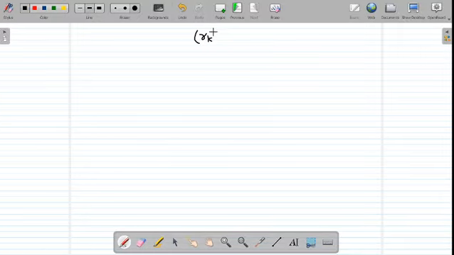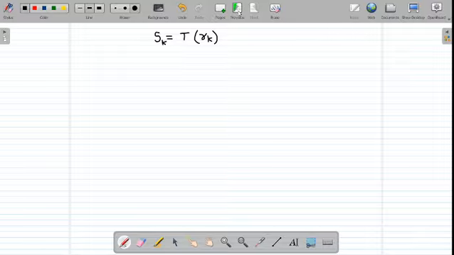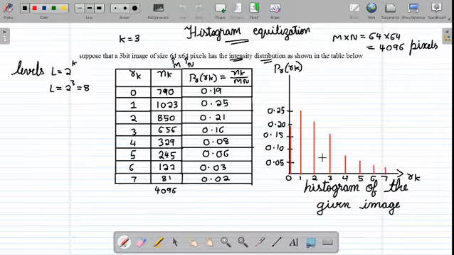We need to apply some transformation on this rk. When we apply some transformation on this rk, we'll be getting the output as s. This is what we'll be doing to get the equalization of this histogram, which is called histogram equalization.